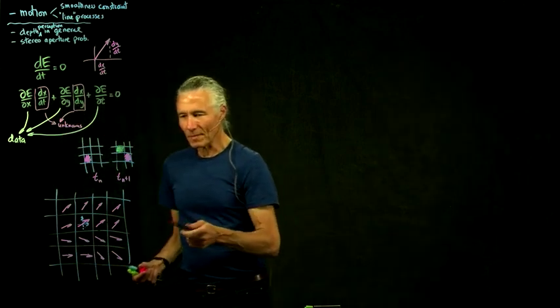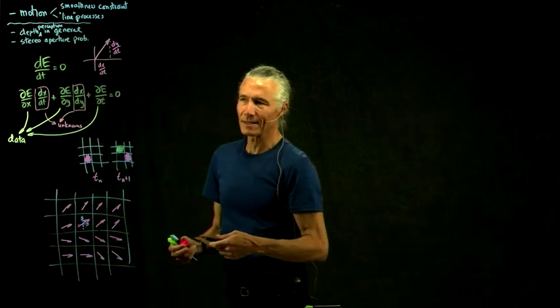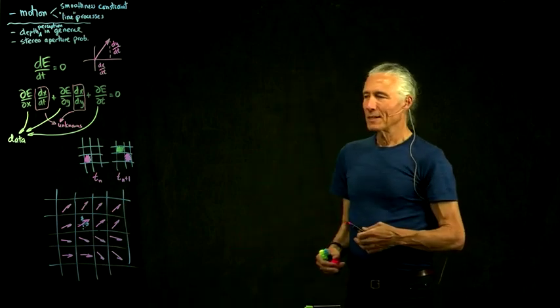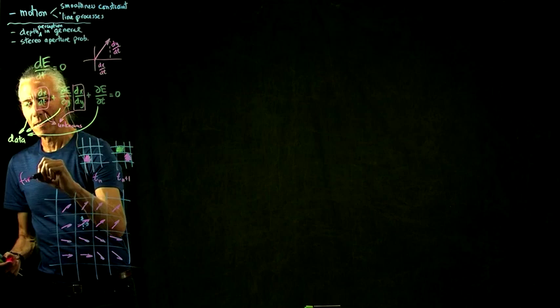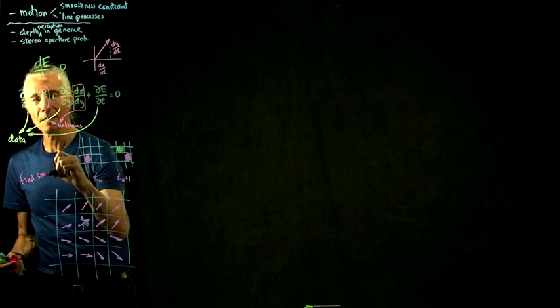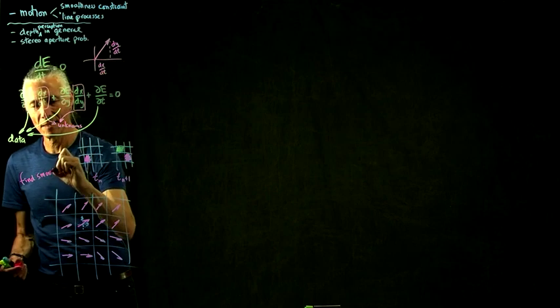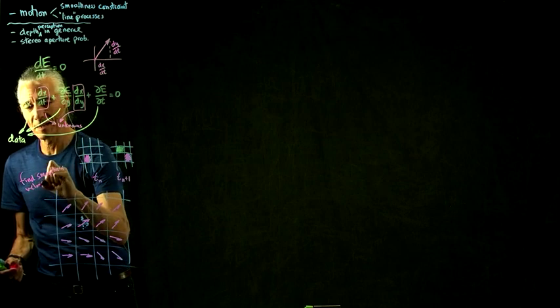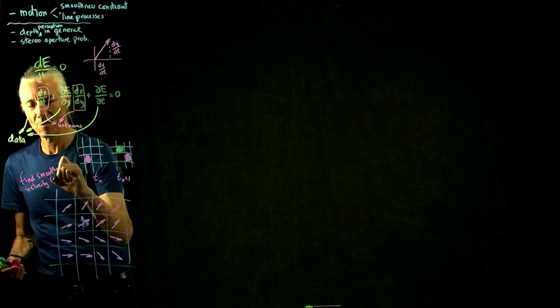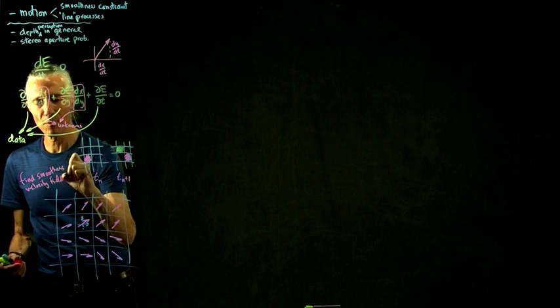So basically what the smoothness constraint is, before I write it out in equations, is just find the smoothest velocity field across space. Because at any given point, there's multiple ones.